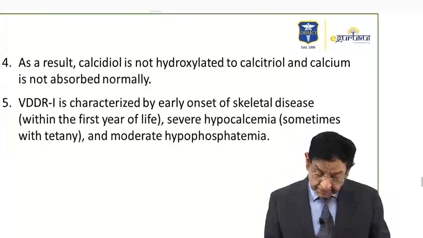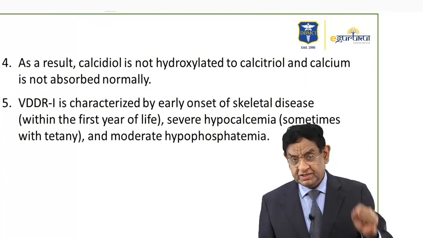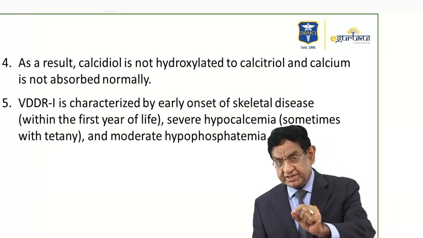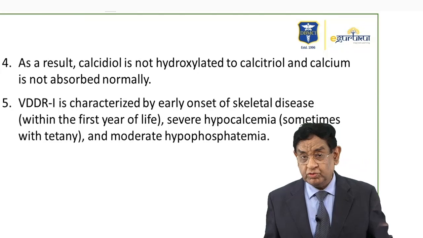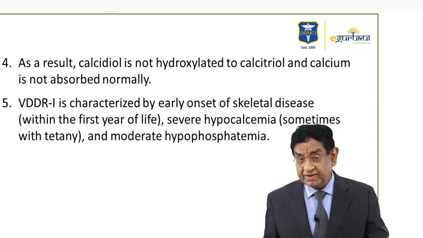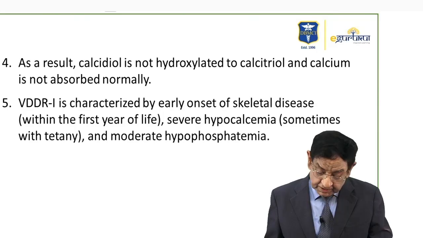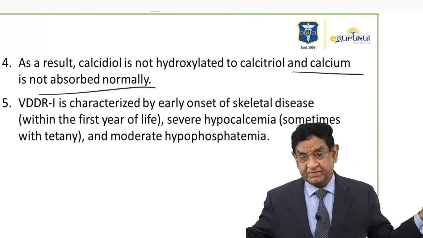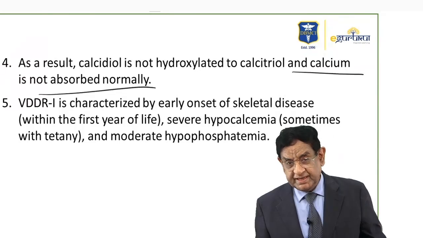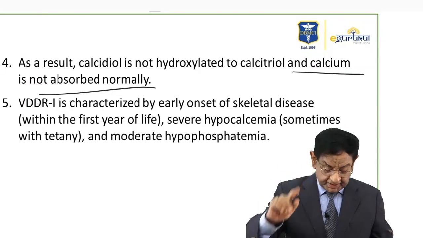So in this case, there will be no hydroxylation. 25 will not get converted into 125. So active vitamin D will not form. With the result, calcium will not be absorbed. Definitely there will be deficient vitamin D, so calcium will not be absorbed.